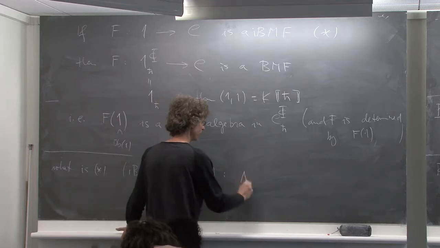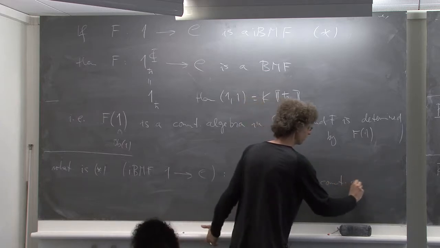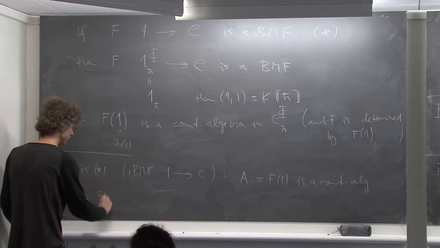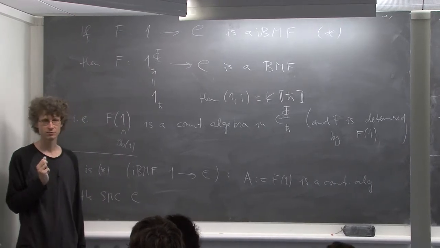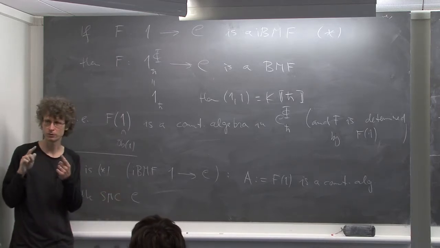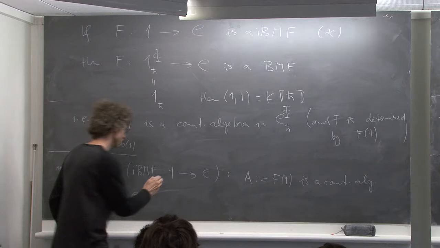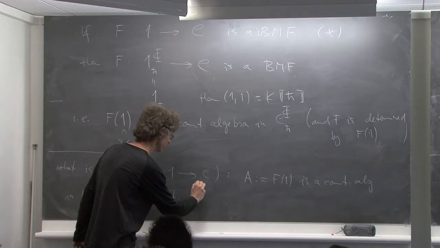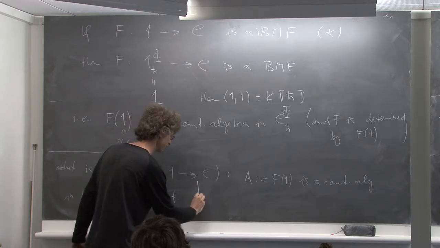Let me call it A. F of 1 is a commutative algebra in the symmetric monoidal category C. That's one thing, but it's not just commutative. It's not commutative only with respect to that symmetry. It's also commutative with respect to this first-order deformed braiding. And what does it amount to? I'll draw it with a picture, though it's possibly easier to understand if I write a formula.